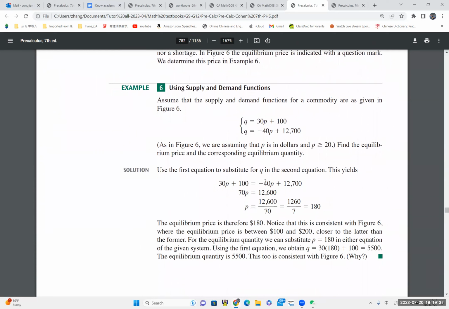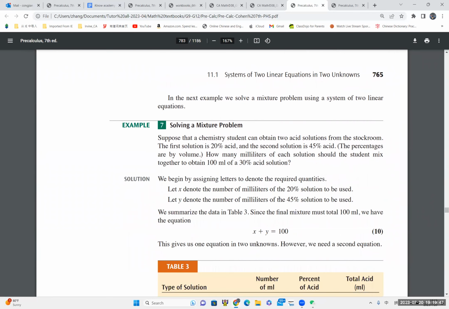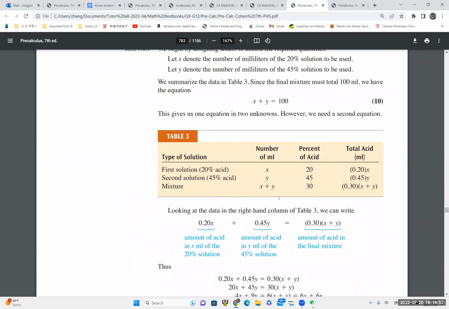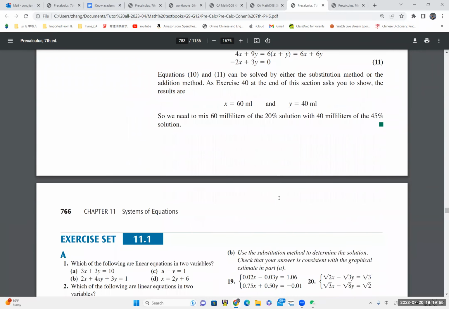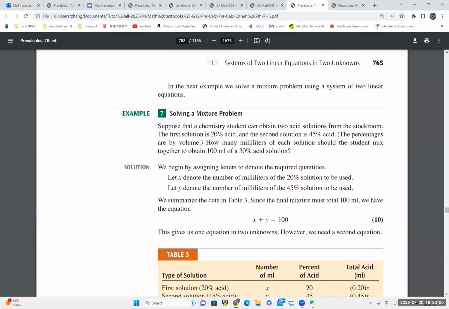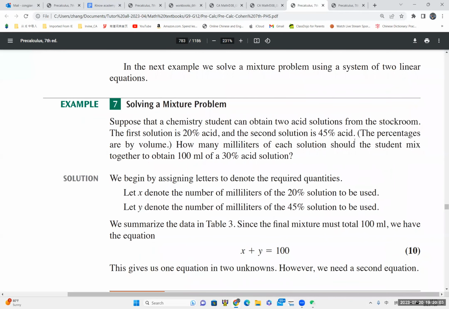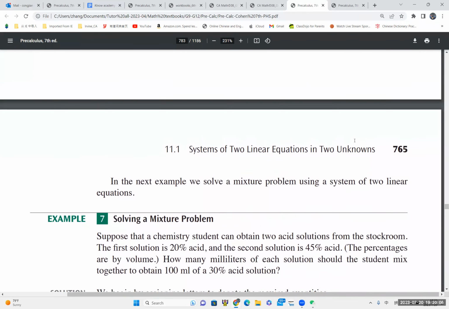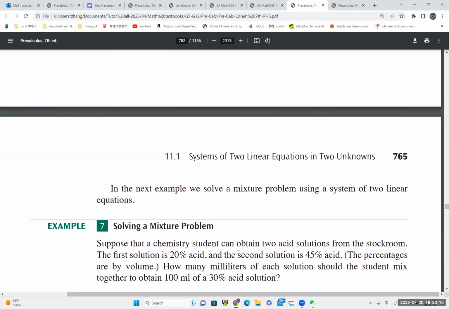Using supply and demand. Mixture problem. Maybe we can go through this word problem. That means how to build the equation from this information.